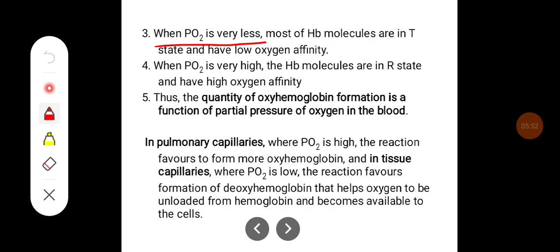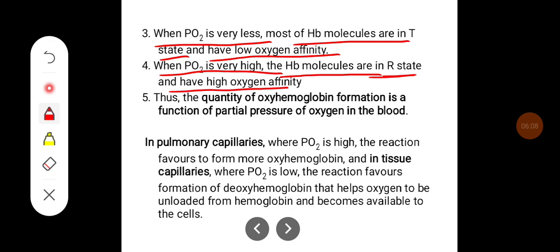When PO2 is very low, most of the hemoglobin molecules are in T state and have a low oxygen affinity. When PO2 is very high, the hemoglobin molecules are in R state and they have a high oxygen affinity. Thus, the quantity of oxyhemoglobin formation is a function of the partial pressure of oxygen in the blood.